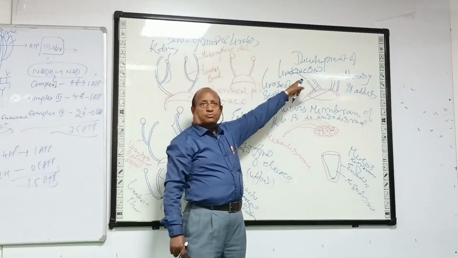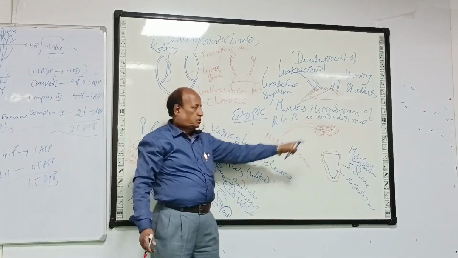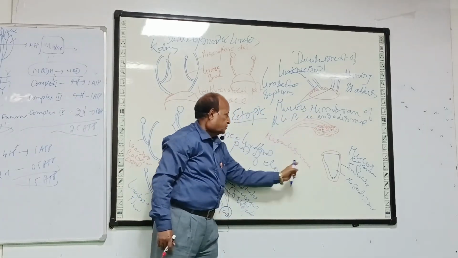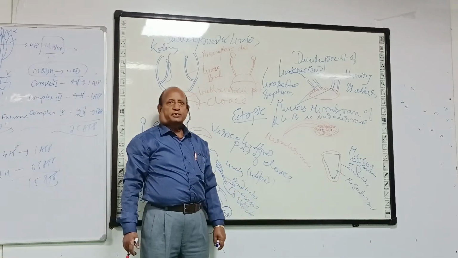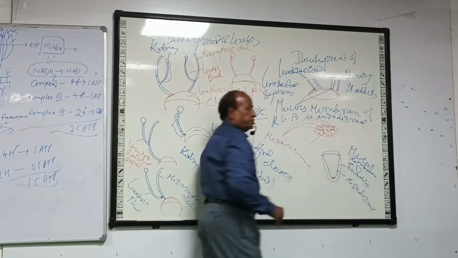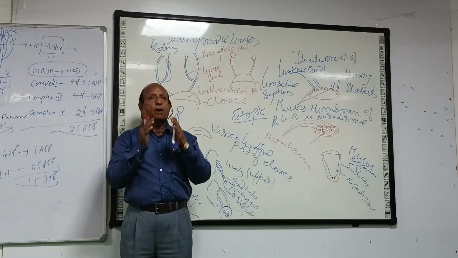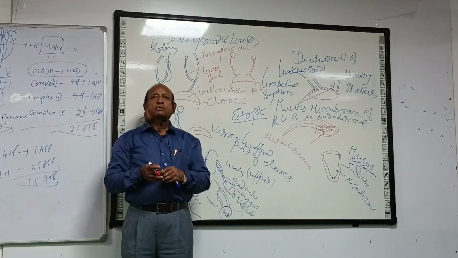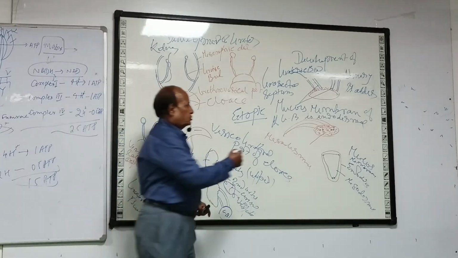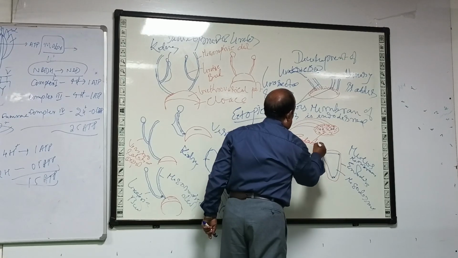Because the ureteric bud and the mesonephric duct are mesodermal, all these tubes are mesodermal, and this one is endodermal because it is a part of the cloaca, and the cloaca is endodermal.